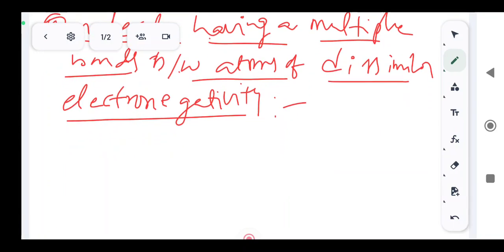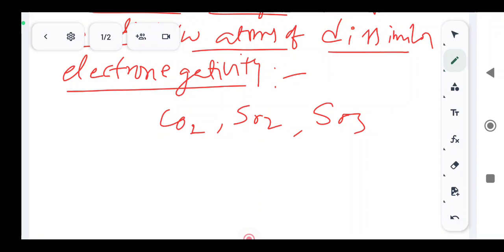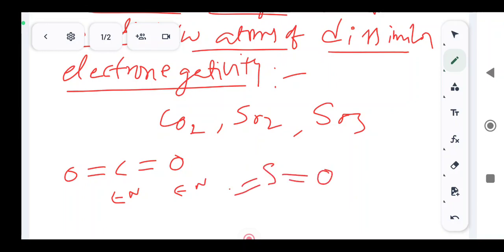Examples: CO2, SO2, SO3. So in this, just check it, C double bond O, double bond O. The electronegativity of carbon and of oxygen are different.